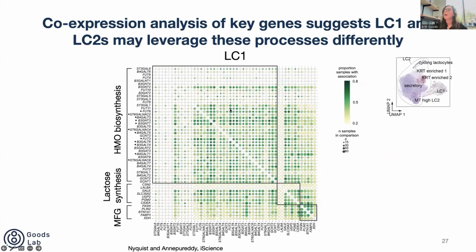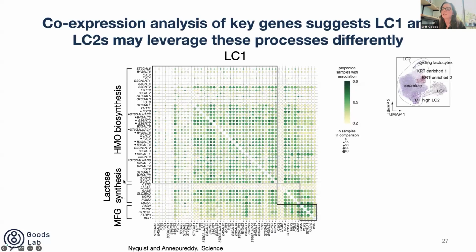Okay. The next question we could ask beyond just, are these genes actually expressed in our LC1s or LC2s, is we can ask if they're co-expressed with other genes that we know are really important for the production of milk components. And so that's what I'm showing in this plot. So we have known genes that are important for our HMO biosynthesis.